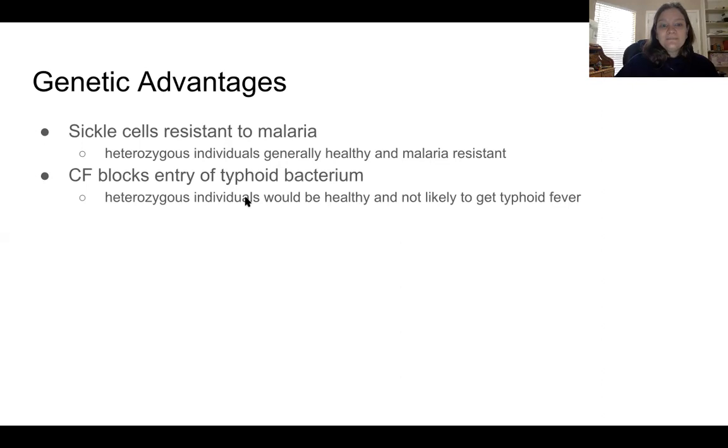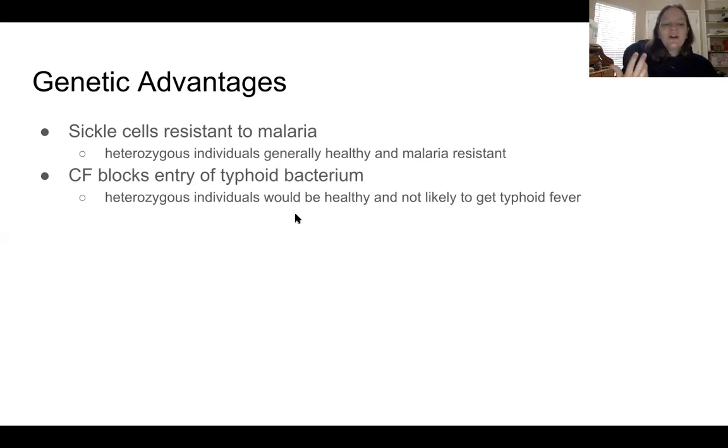So if you are heterozygous, again, you have enough of the normal proteins that you're able to move those chloride ions across the membrane. So you're largely overall healthy, and you don't get typhoid. So that's where the advantage comes in.